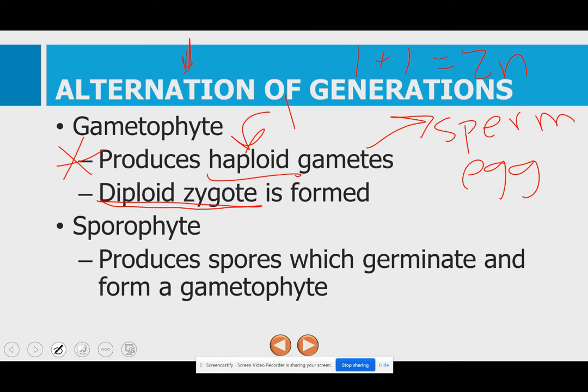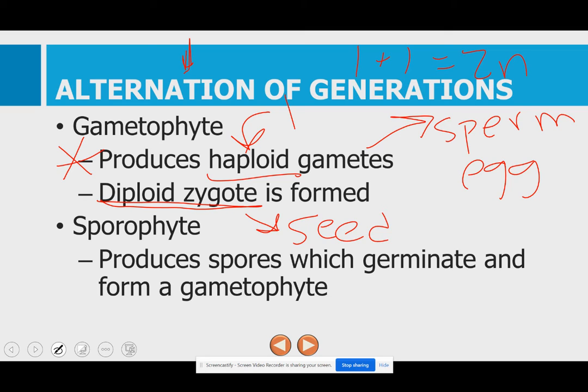And the diploid zygote that we make in this plant life cycle, we know that as the seed. So the gametophyte produces the gametes. Pretty sure that will be a quiz or test question, FYI. And then those gametes, the sperm and the egg: sperm fertilizes egg to produce a diploid zygote. And like I said, in this plant life cycle, we call that the seed.